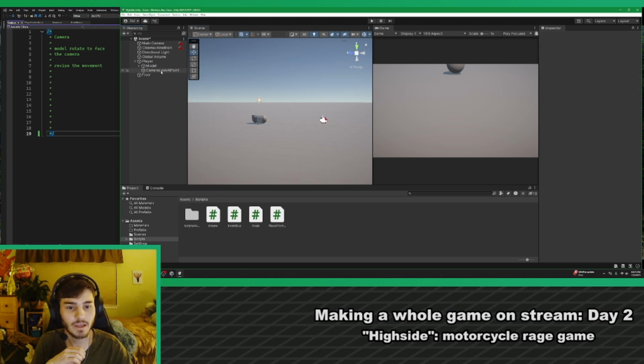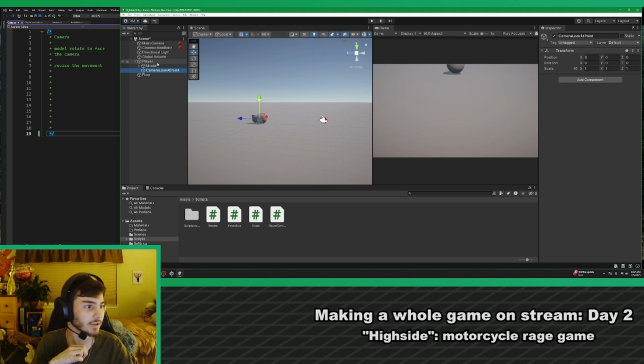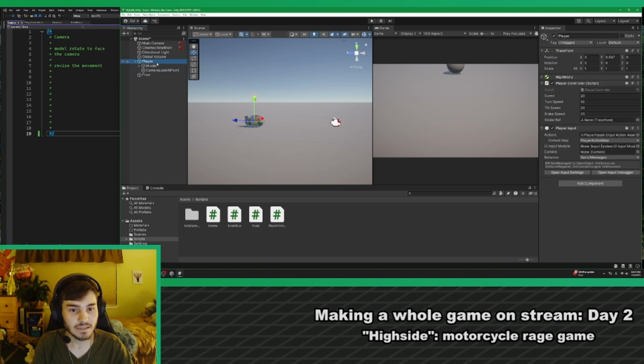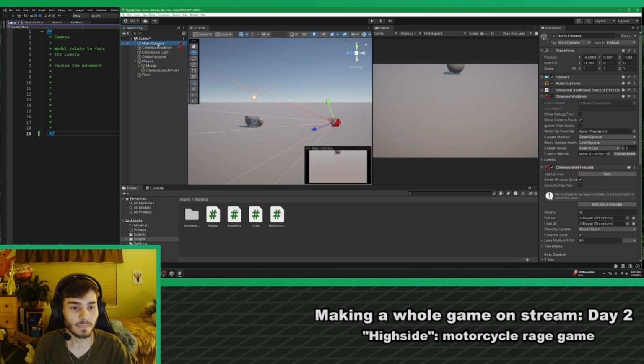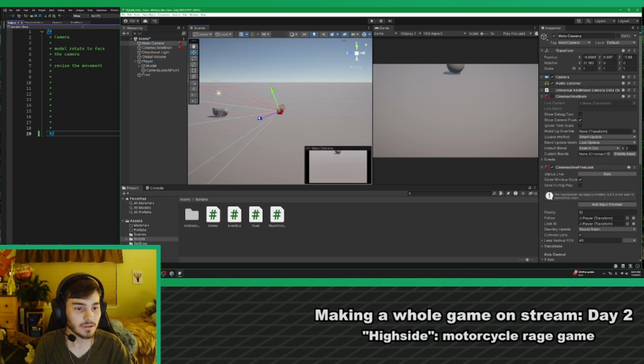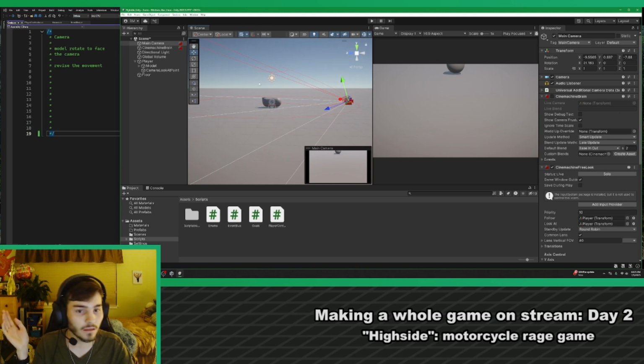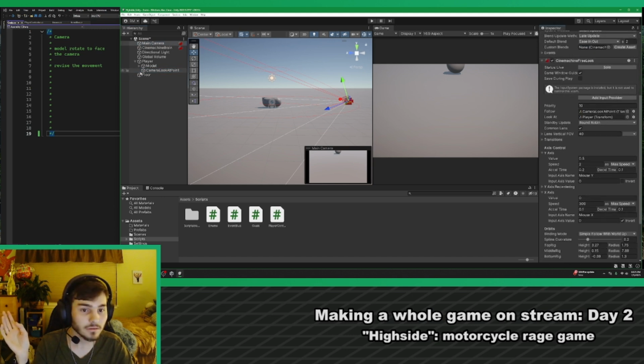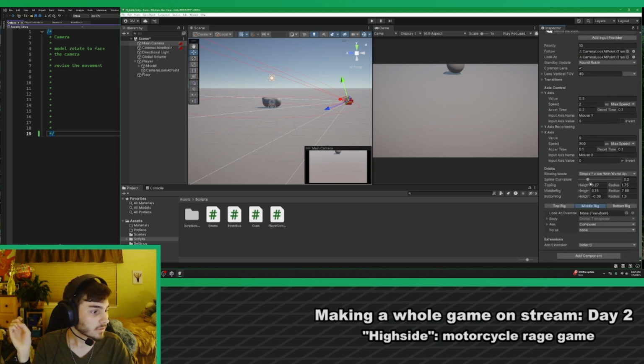Those are leftover and should not be there. That makes sense. Now the main camera is orbiting this thing. And the thing it is specifically looking at and following is the camera look at point.